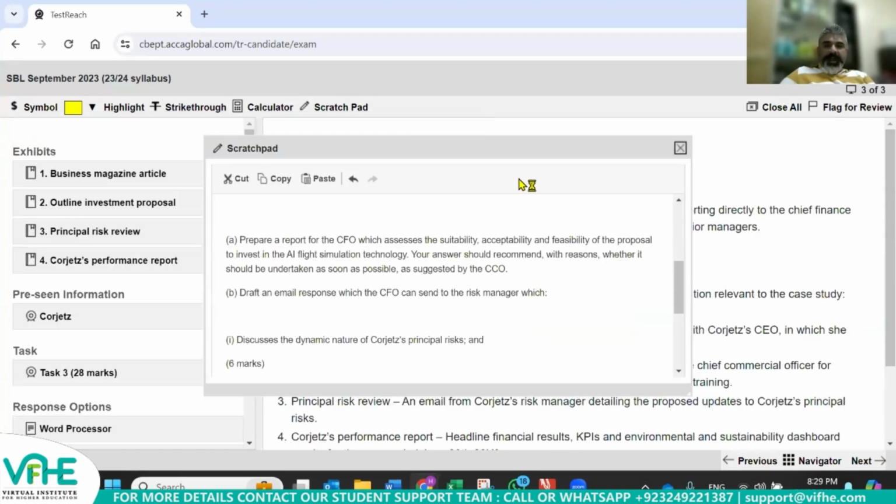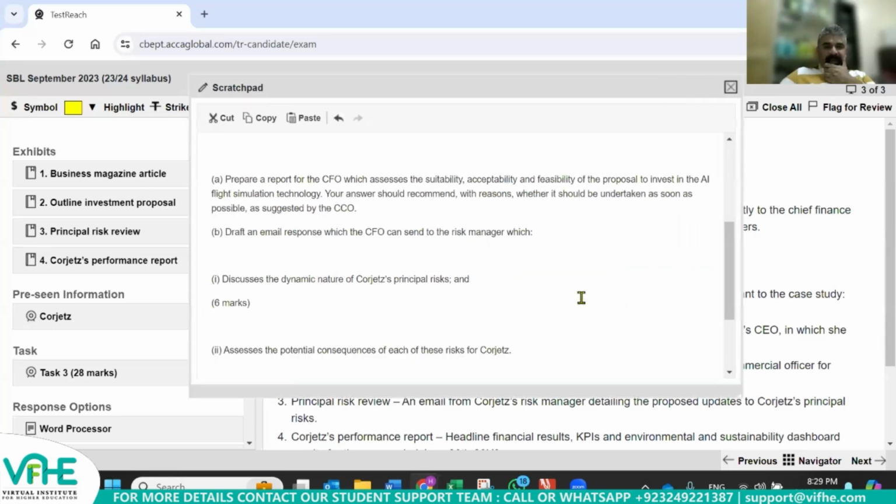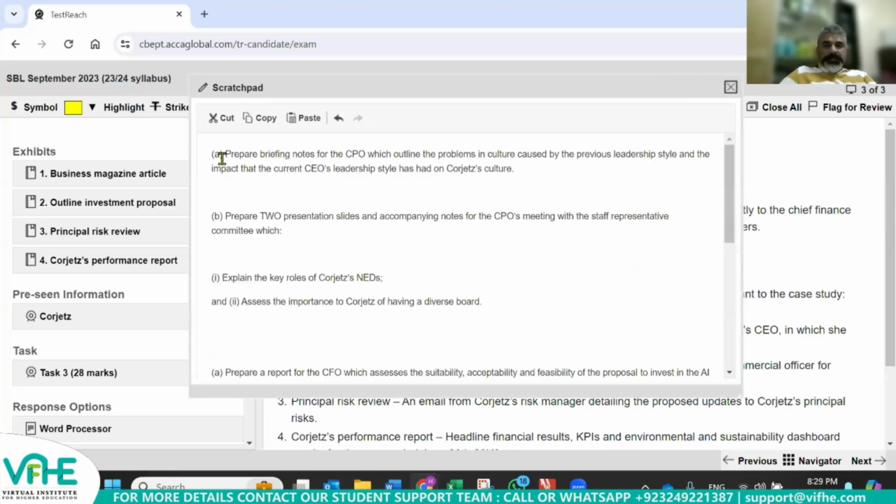What I have done is now I have brought all the tasks onto one sheet, the scratch pad. So now I know: prepare a briefing note that outlines the problems in the culture.